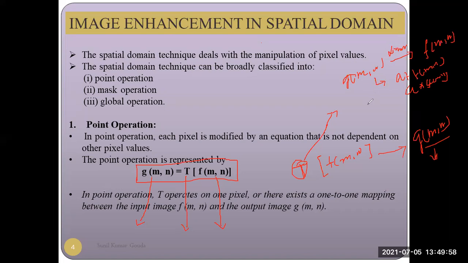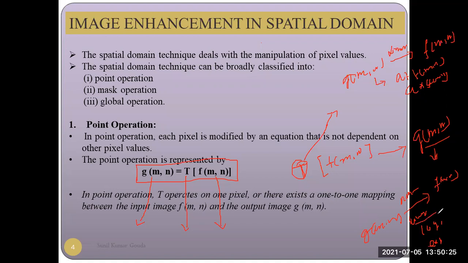But some examples are there for nonlinear transformation, where your g of mn has a non-linear dependency on f of xy. For example, if I perform log transformation, or exponential transformation, or gamma transformation.